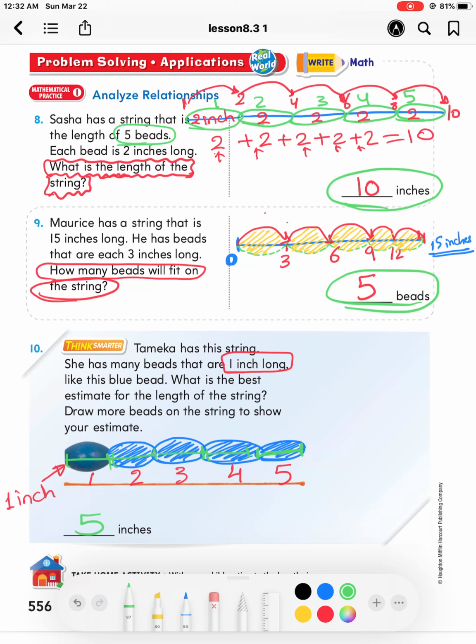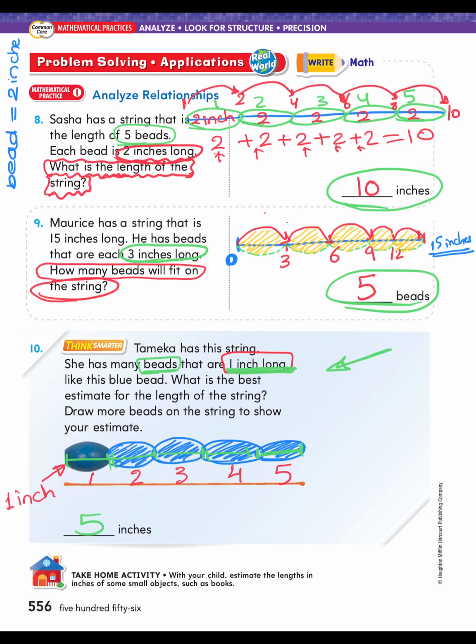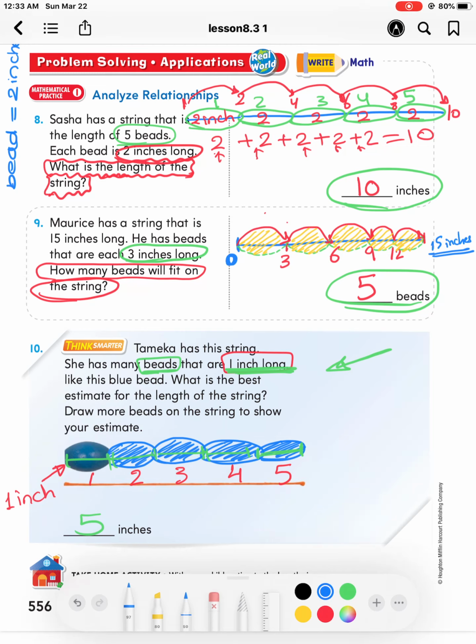So it's very important also in those kinds of questions. For example, if you are talking about estimating the length, you should know each bead equal how many inches long, because here in this example it was 1 inch long, in this example it was 3 inches long, in the above example, this one, it was 2 inches long. So as you see here, I will write it here so you can understand. Here the bead was equal to 2 inches. I'm sorry. So here the beads, okay, let's continue.